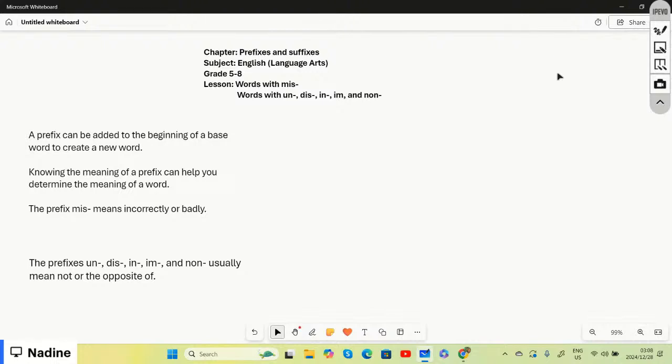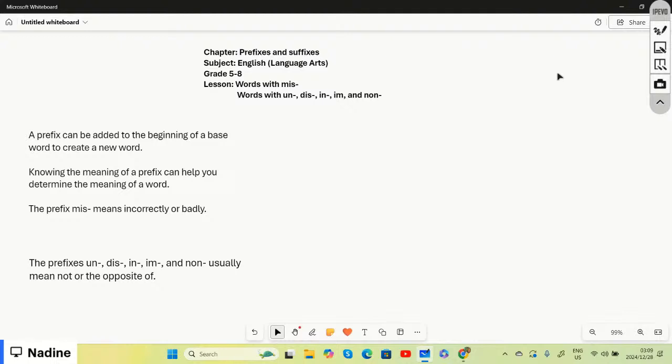If you add the prefix to the beginning of the base word, the new word can either be a negative word or it can turn into a positive word. It really depends on the prefix that you add to the beginning of the base word, or the meaning of the prefix.